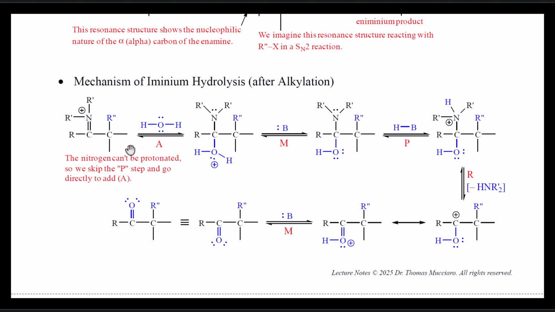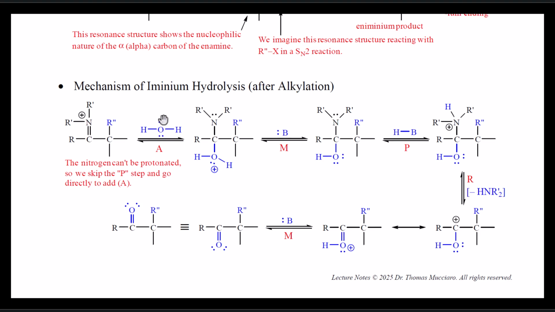So we skip the P step, and our first step is instead an A step. The water nucleophile makes a bond to the C double bond N carbon, pushing a pair of electrons out of the way and forming this intermediate. The positively charged oxygen with two hydrogens attached is deprotonated to make it stable, and we get our first intermediate.